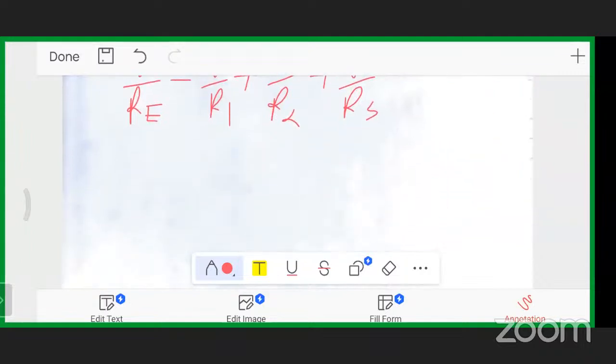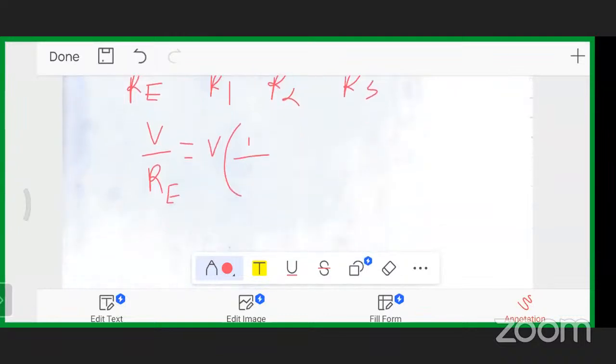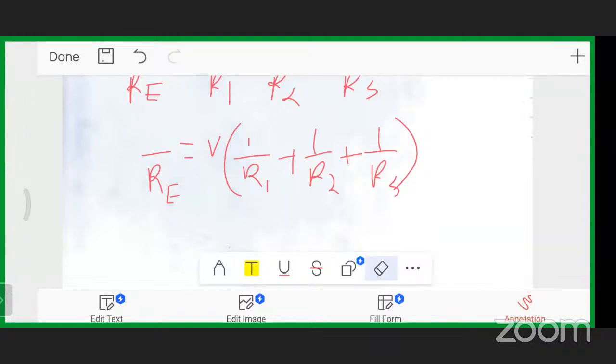Then we do the same thing on the right-hand side. V is common in the numerator, so you can factor it out: V times 1 over R1 plus 1 over R2 plus 1 over R3. Even on the left, you can find V, so it will look like V times 1 over RE.